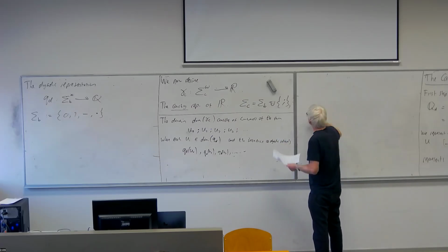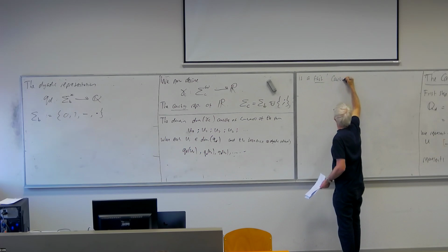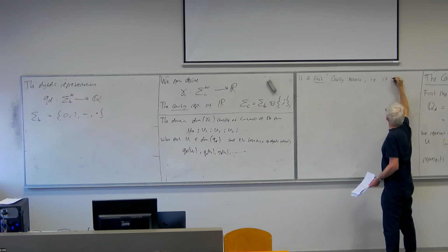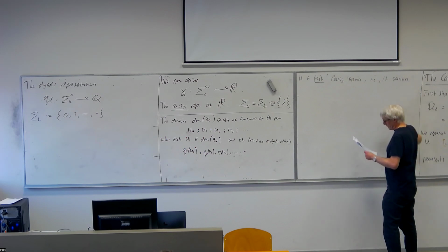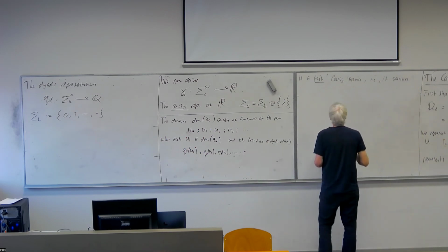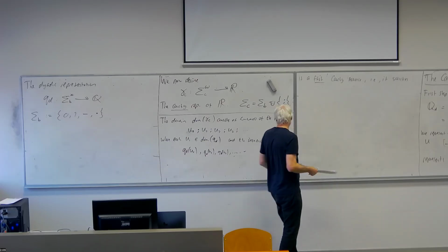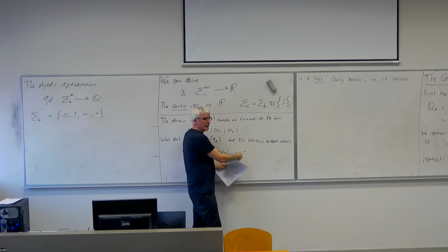QD of U is a fast Cauchy sequence, i.e., it satisfies: remember, a Cauchy sequence is one where for any epsilon, there's some place within the sequence such that if you consider any two terms beyond that position, they're within epsilon of each other.